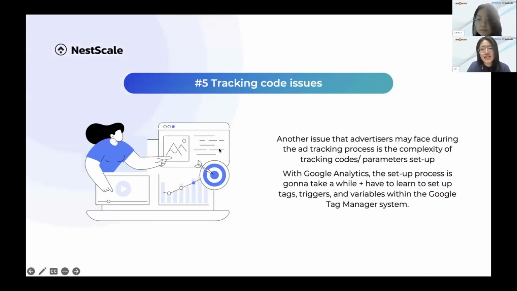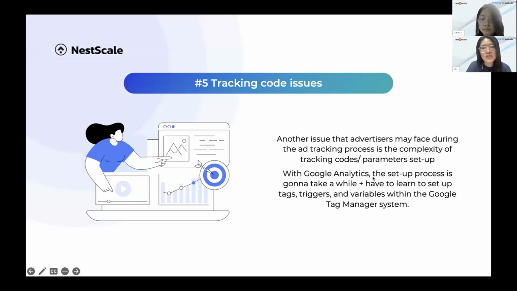And the last issue that advertisers might face is the complexity of the tracking codes and parameter setup. I understand that not everyone is well-versed in tracking parameters, and not every business can afford a developer team to take care of all this. But tracking code is a must to track user behavior on your website and which touch points they're interacting with the most.